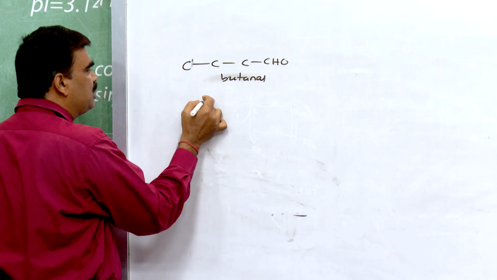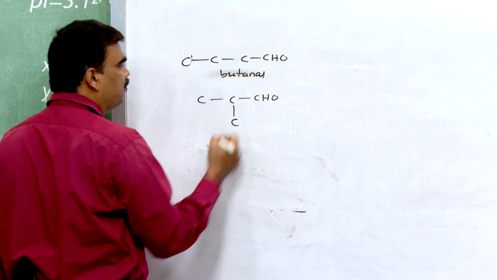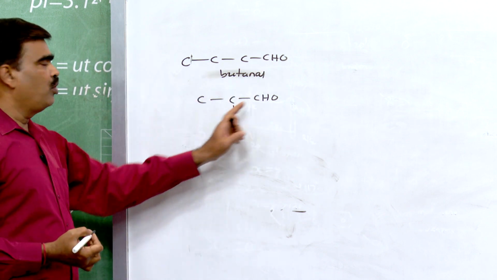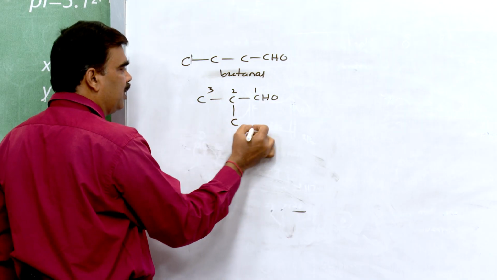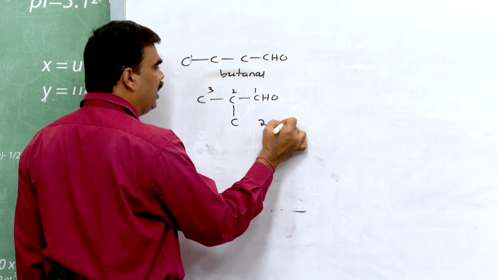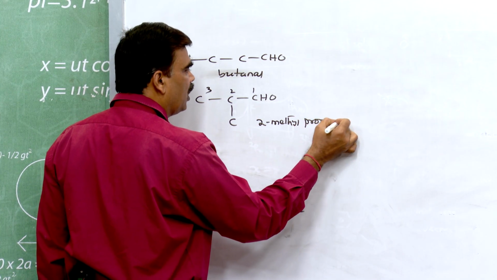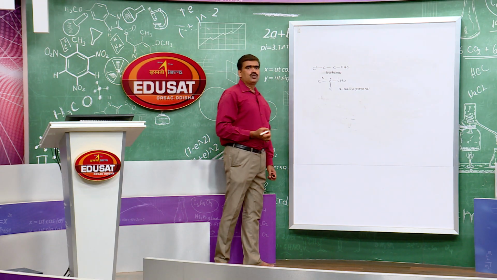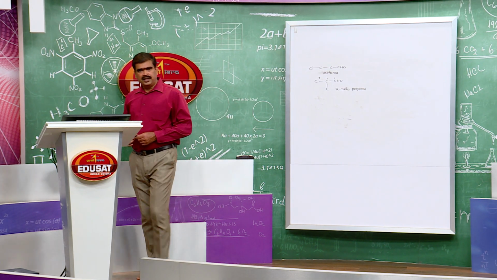We can have a branch here, we can make a branch. There are 4 carbon atoms. So, we can call it 1, 2, 3. So, 2-methyl propanal. So, that means butanal and 2-methyl propanal are called chain isomers, right.